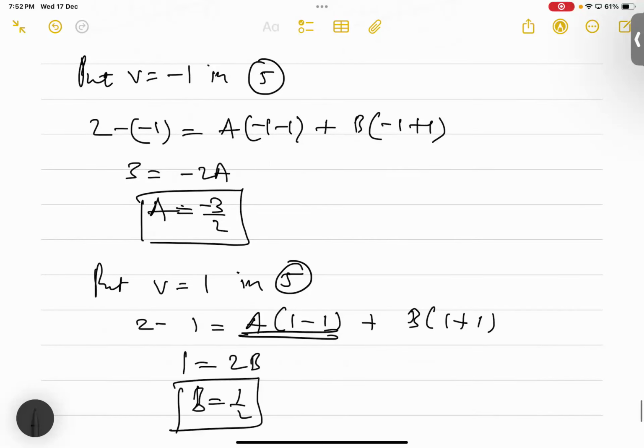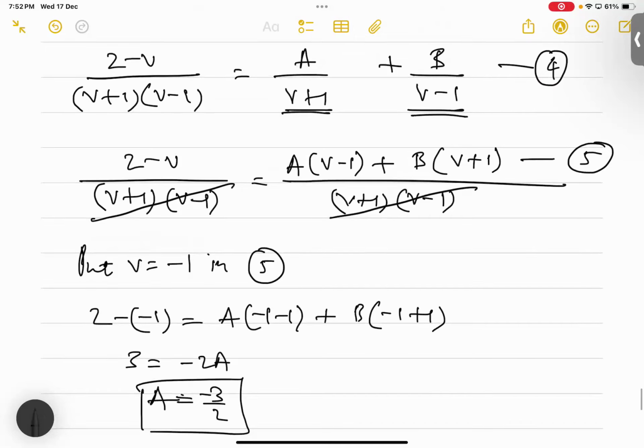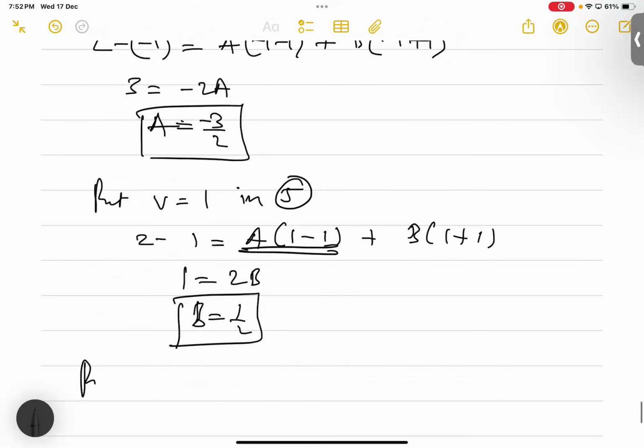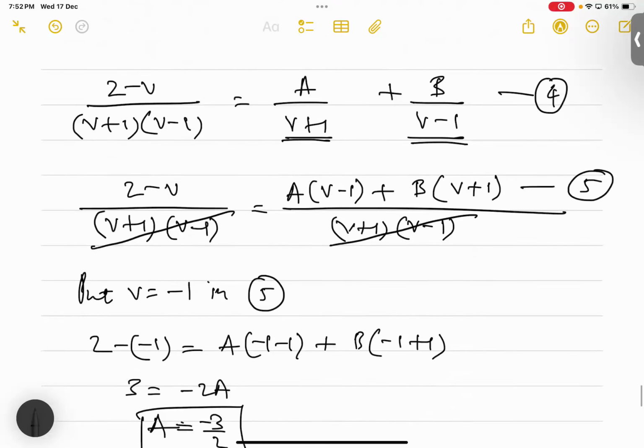Where to put these A and B values? In equation number 4. So put A and B in 4.